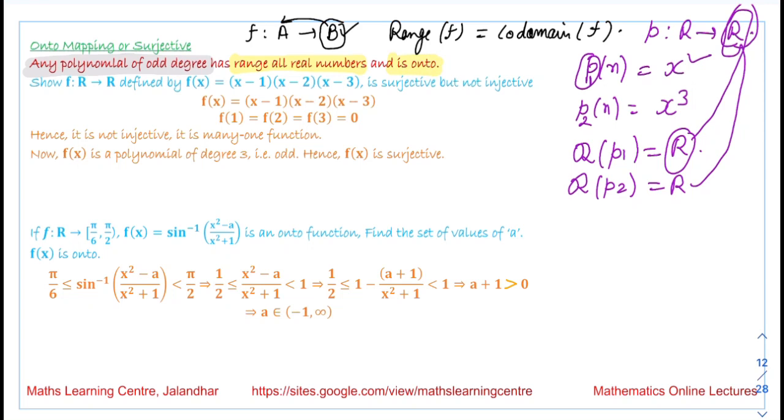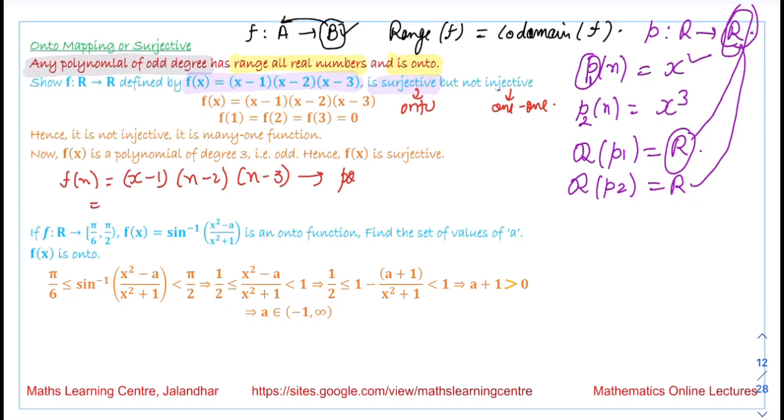Next we have this function f(x) given as (x minus 1) into (x minus 2) into (x minus 3). We have to prove that this function is surjective but it is not injective. It means this function is onto but not 1-1. Now if we look at this function f(x), clearly this is a polynomial.